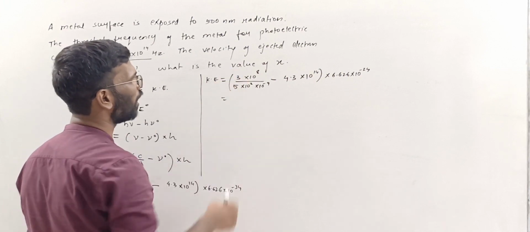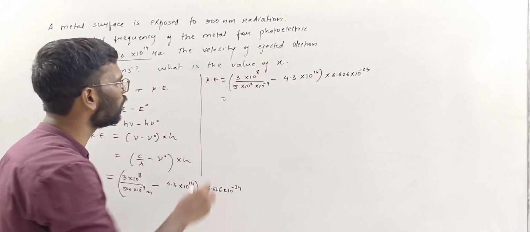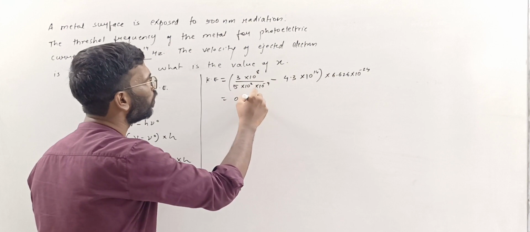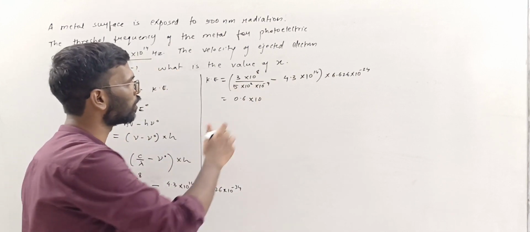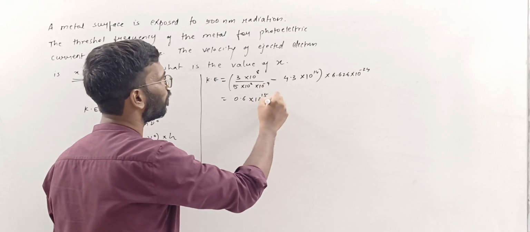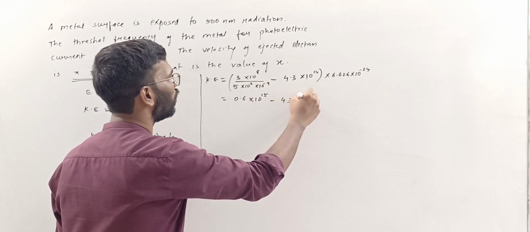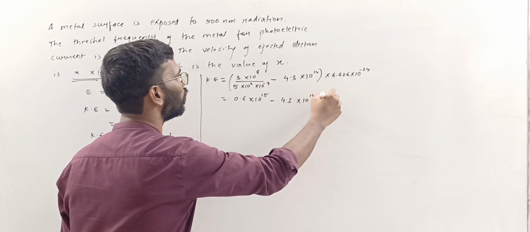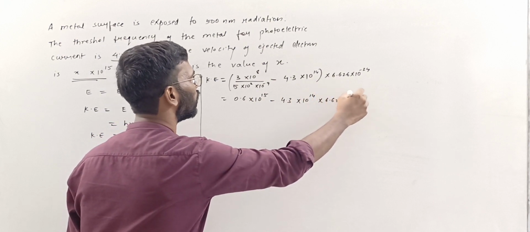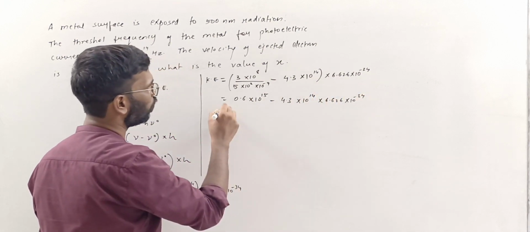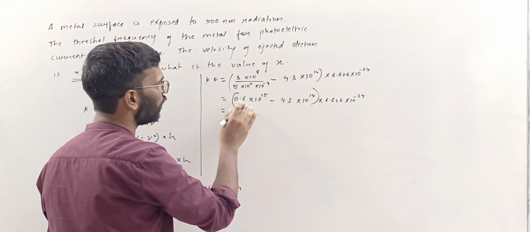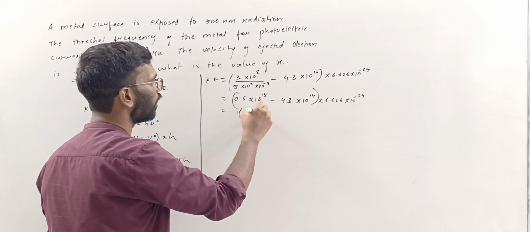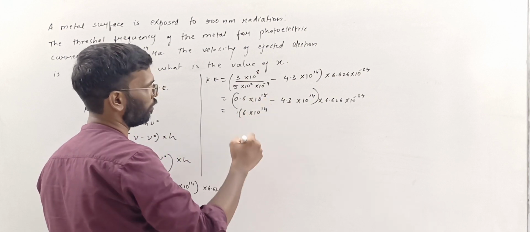So this is 3 by 5, which is 0.6 into 10 raised to, this will change to minus 7, and plus 15, so 10 raised to 15 minus 4.3 into 10 raised to 14 into 6.626 into 10 raised to minus 34. Here there is a bracket, so this could be written as 6 into 10 raised to 14.